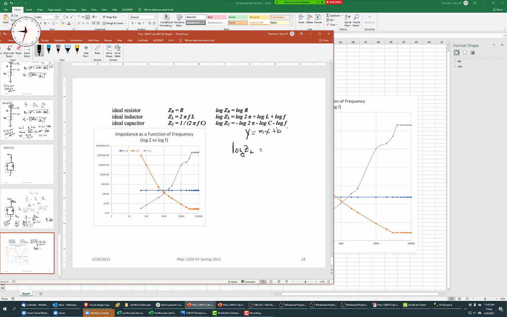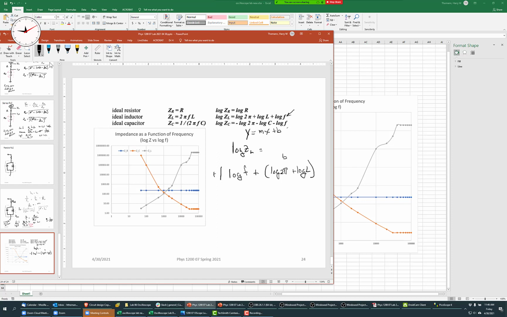I look at the inductor equation, and there's frequency. So it's log F, and nothing else has a frequency dependence, so these are constants. This is the y-intercept, and the slope here is 1. It's implied. You don't usually write the 1 out, and it's +1.